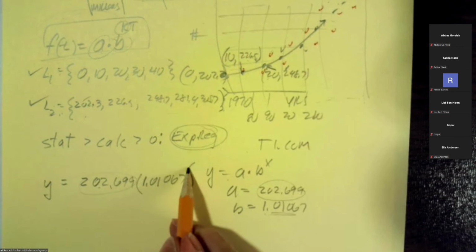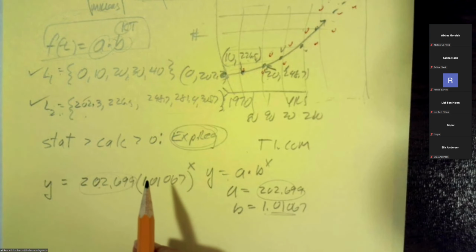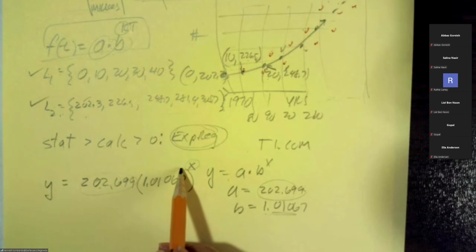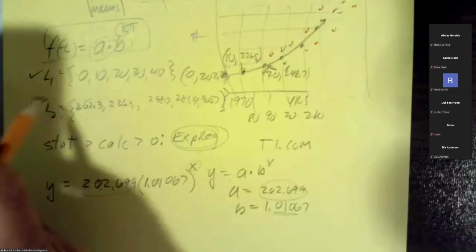And I'm going to take that to some exponent. Okay, so if I do that, then I have developed what my equation would look like. So if I want to set that up and look at that equation, I could enter that.